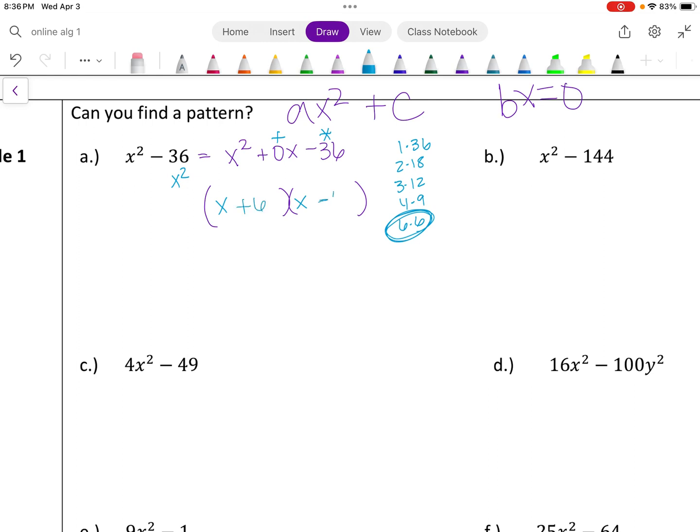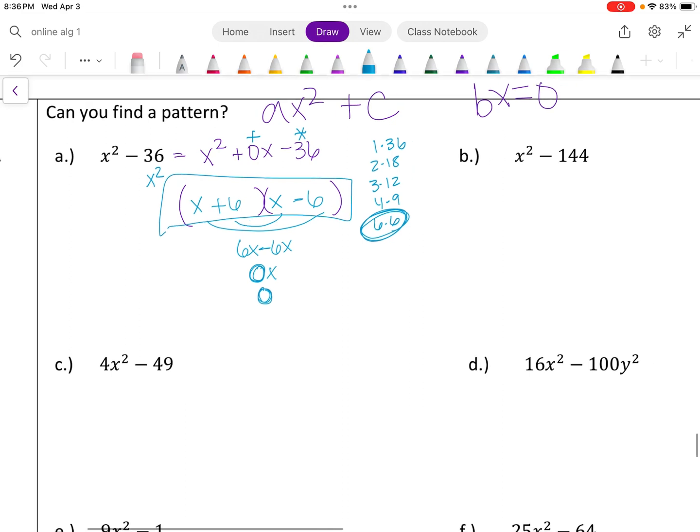Because if I had a positive 6 and a negative 6, 6 times x is 6x, x times negative 6 is negative 6x. That's where my 0x comes in. That's why my b term disappears, because I had something minus itself. So I needed a positive and a negative of the same number.